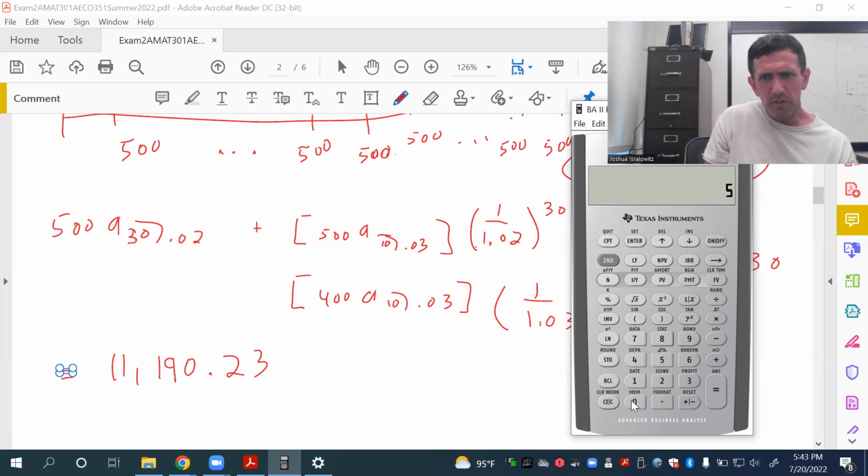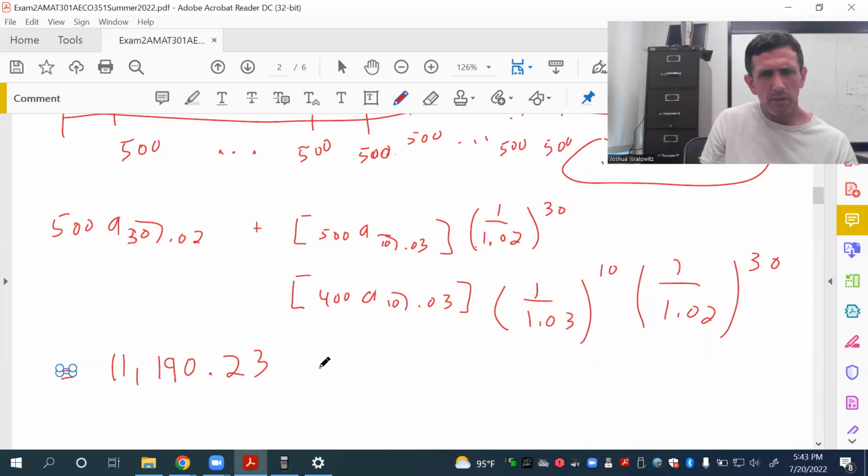Great. 500 payment, 10N, 3 interest, compute that value. Times 1.02 to the minus 30. Yeah. So it's 2, 3, 5, 4, 64.